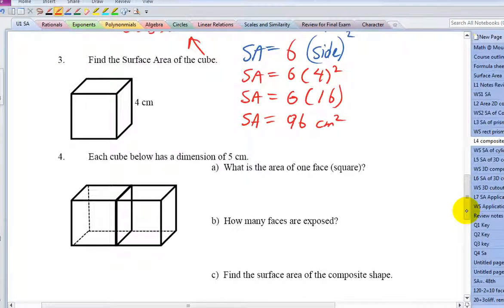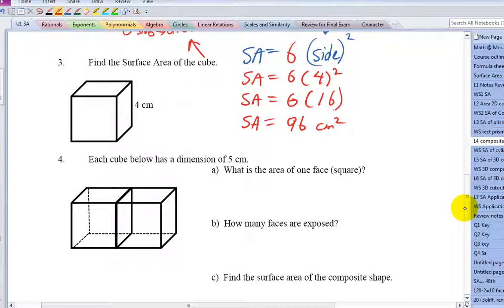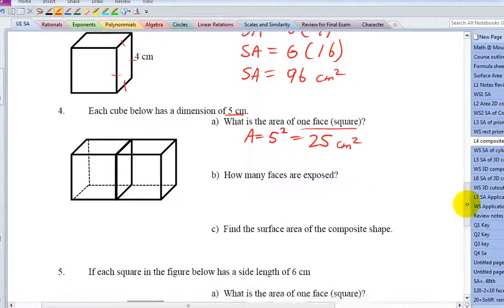We're going to do the same thing for the next one. First of all, what's the area of 1 face or 1 square? We say the dimensions are 5 centimeters. So 5 by 5 by 5 on our cube. Okay. Area equals 5 squared, which is 25 centimeters squared. Okay. Pretty simple. Right? 1 square is 25 centimeters squared.